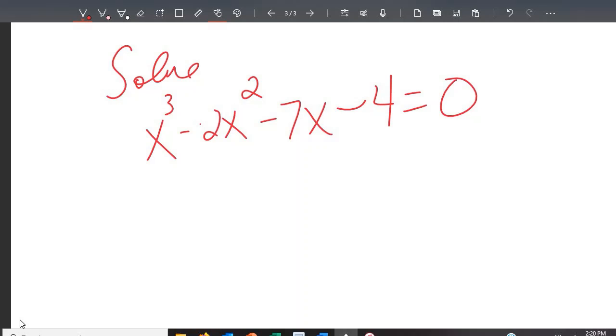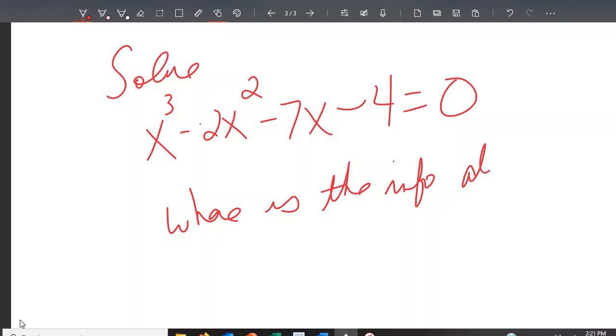And that's all I tell you. I'm not told something. Where is the info about a root? Yeah, that's the problem in this section. We're not told what the root is.